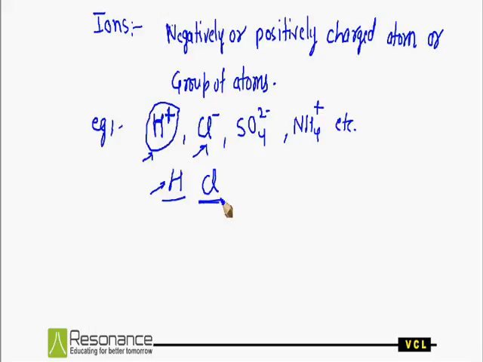So it is a chlorine atom and it is a chloride ion. In the same way, this is sulfate ion because it has 2 units of negative charge, and this is ammonium ion, it has 1 unit of positive charge. So we can say that negatively or positively charged atoms or groups of atoms are known as ions. This is a charged atom, and this is a group of atoms with charge.